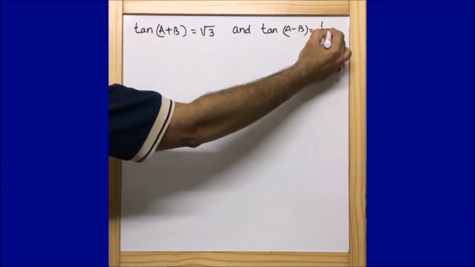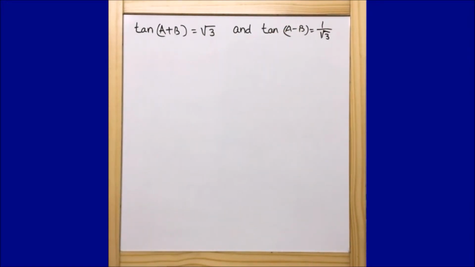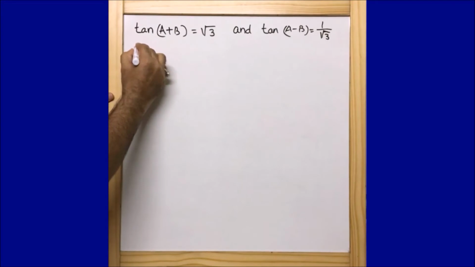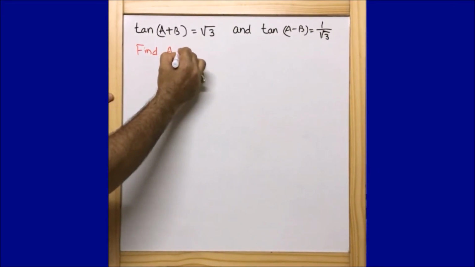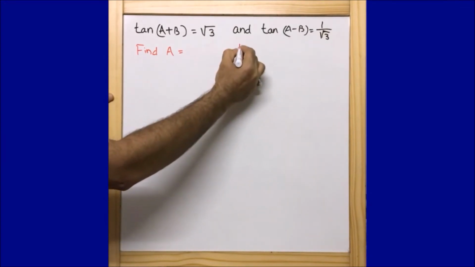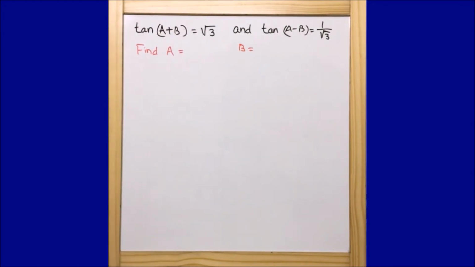Find a and b. So we are going to find the values of a as well as the values of b. So let me note it down. Find a is equal to how much and b is equal to how much. So this is our main aim, we need to find out.